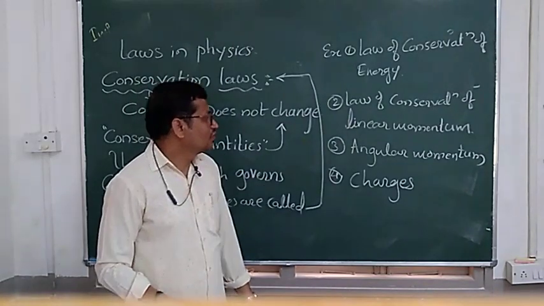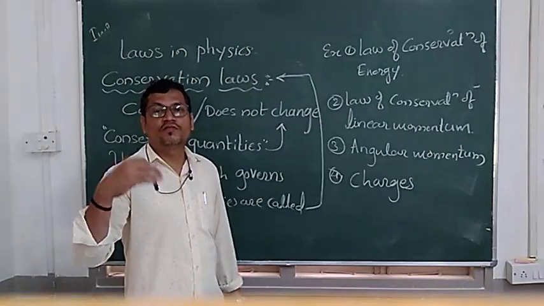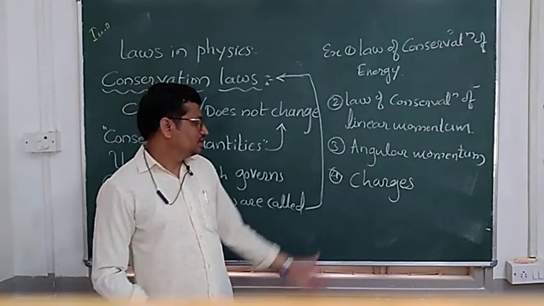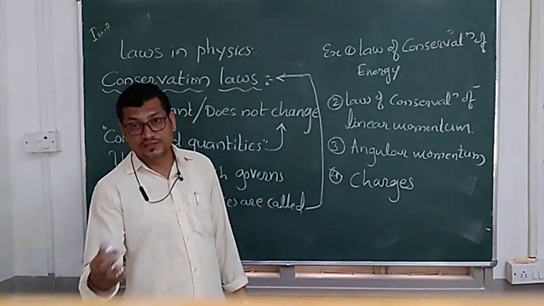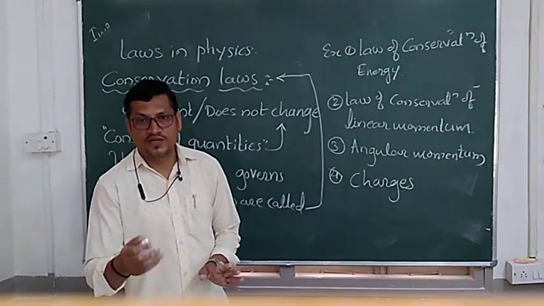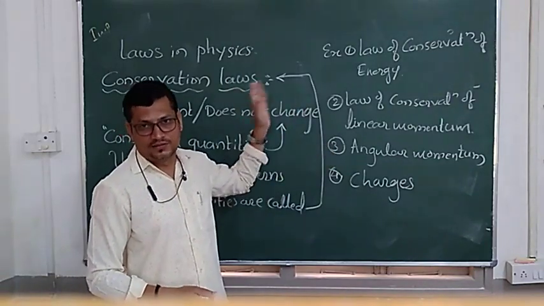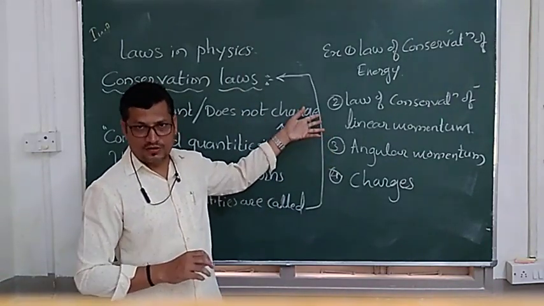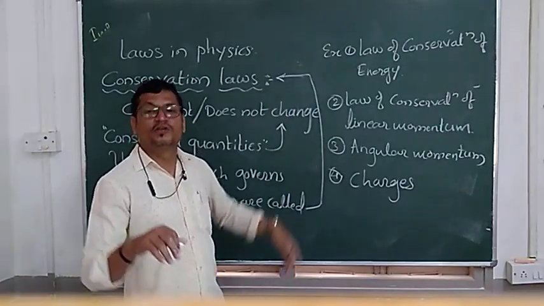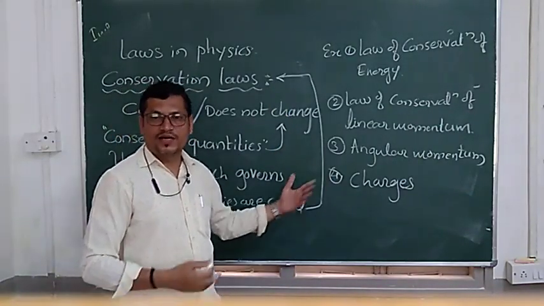Second one, law of conservation of linear momentum. Third one is law of conservation of angular momentum. Like that, law of conservation of charges. Like this, many laws are there. So this is just a recap. This is just a highlight of conservation laws. If you know different examples, you can write here also.